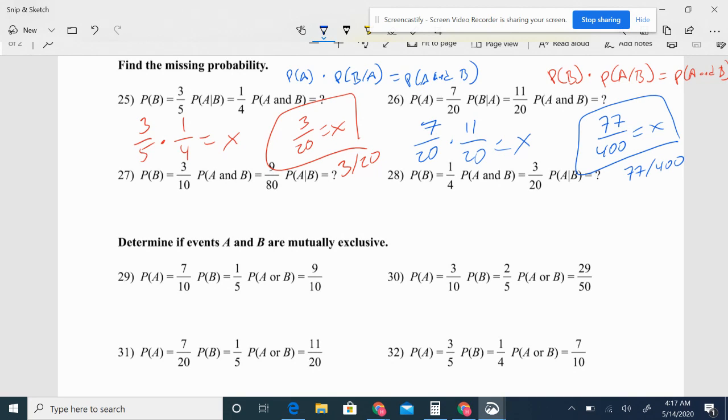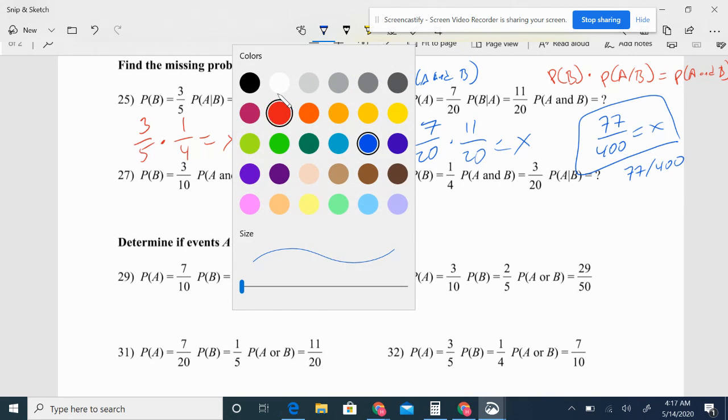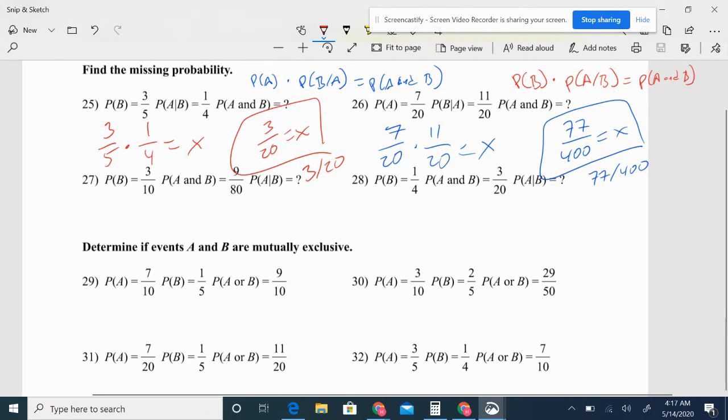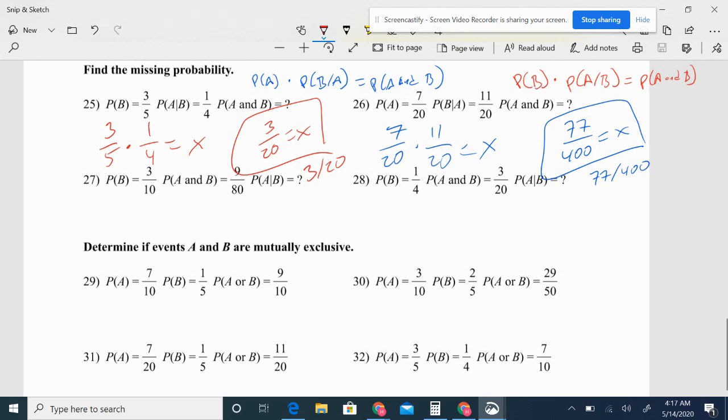Now for question number 27, because I have probability of B, let me use the red formula. Probability of B is 3 over 10. Probability of A not B, I don't know what it is. I'm going to call it X. Equals probability of A and B is 9 over 80.